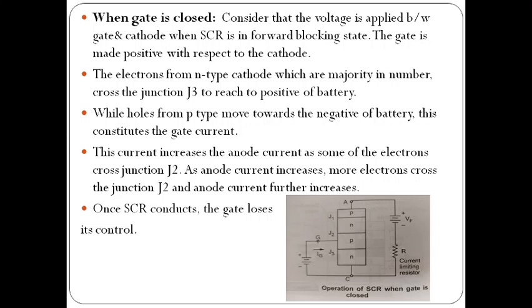Here a large amount of current will flow because of the regenerative action; within a short time, junction J2 breaks down and SCR conducts heavily. So a large amount of current passes through the SCR. To limit that, we are using a current limiting resistor here.